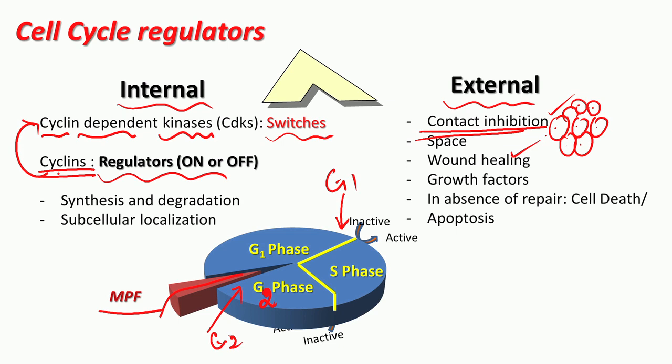Now, many a times, despite all the checks and balances in place, a situation may happen when the cell is not able to repair the DNA. It is not able to repair the damages done. In such a case, the cell itself takes a call of self-destruction, and that is called apoptosis.